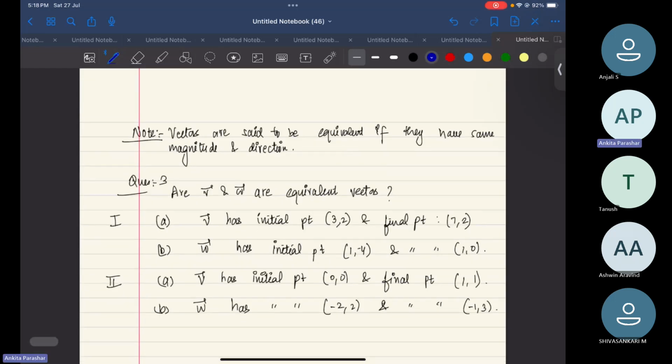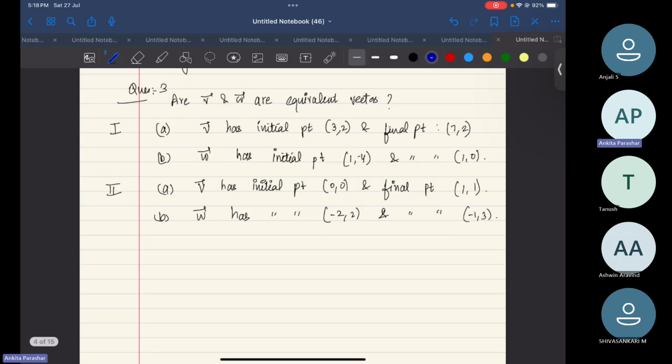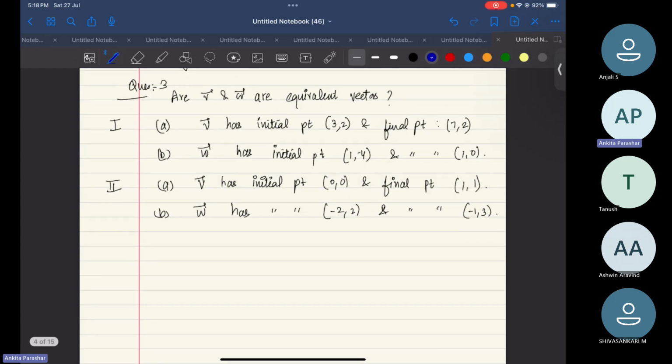So there is one definition we saw: vectors are said to be equivalent if they have the same magnitude and same direction. Suppose we know this definition now, when two vectors are equivalent. So now let's try to do this question 3. We have certain vectors that I have written, and we have to see whether they are equivalent or not.